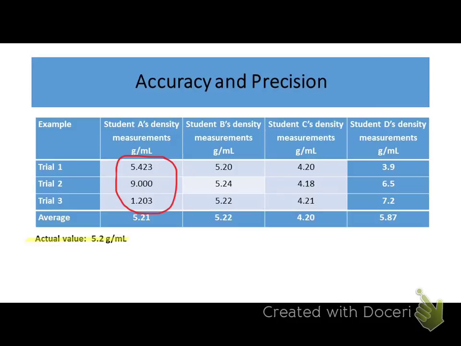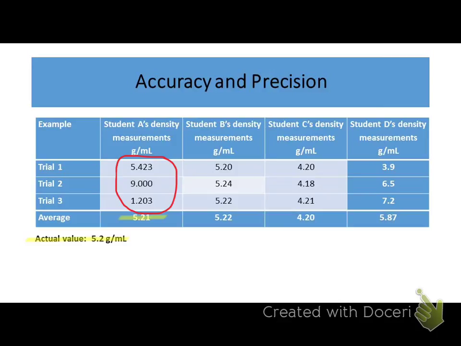When we average those 3 data points together, the average value is 5.21. Now, is that 5.21 close to the true value? The answer is yes. So we're going to say that student A's data is accurate.